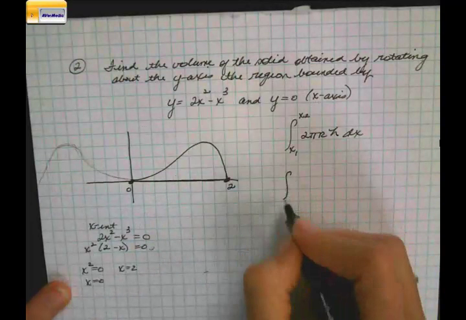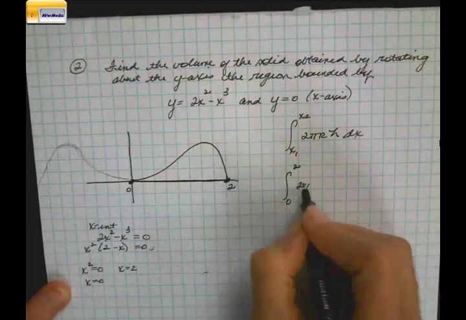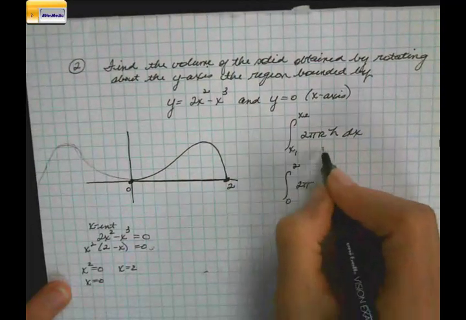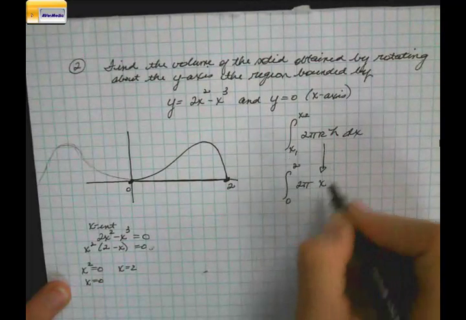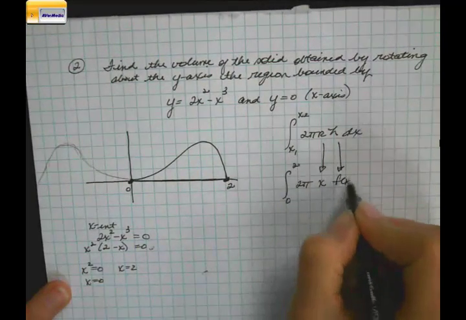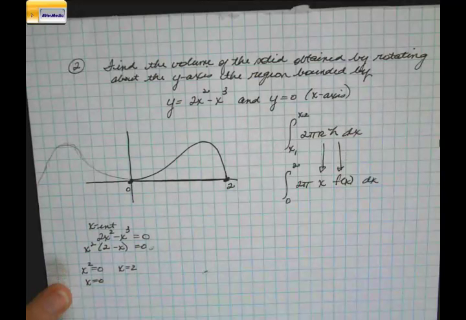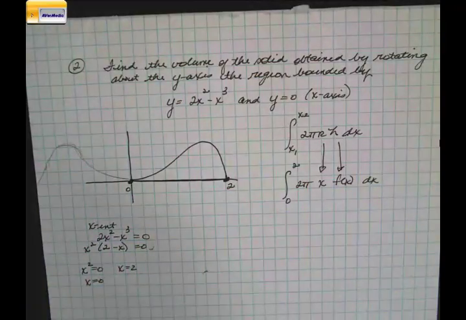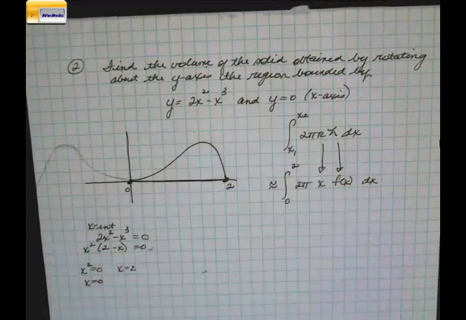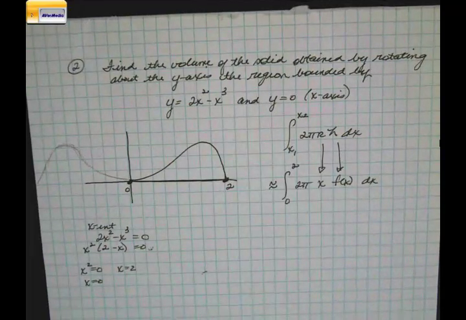So you're going to be integrating now from 0 to 2 of 2 pi r, where r is going to convert into x, and h is going to convert into f of x, dx. And I usually put approximately, because this isn't it yet. We're getting to the full integral, trying to get the integrand right. Now, we're looking at cylinders underneath the curve.